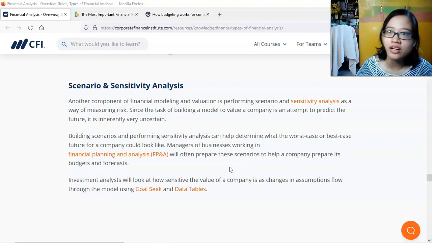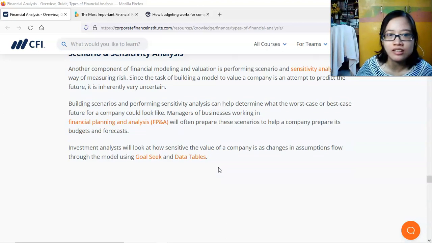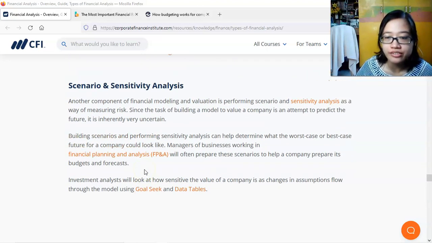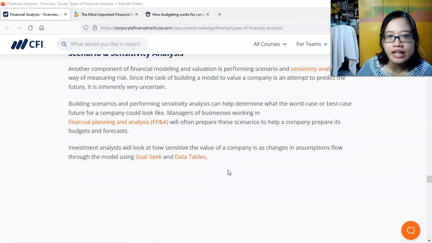So, hindi naman yung mga tao or yung management, diba, hahayaan na walang nakaabang na pondong gagamitan for whatever effect those bills. Proposed pa lang ha, hindi pa napapasa yung bills, pero pinaghahandaan na ng company agad. Okay, so yun. Another example for scenario and sensitivity analysis.